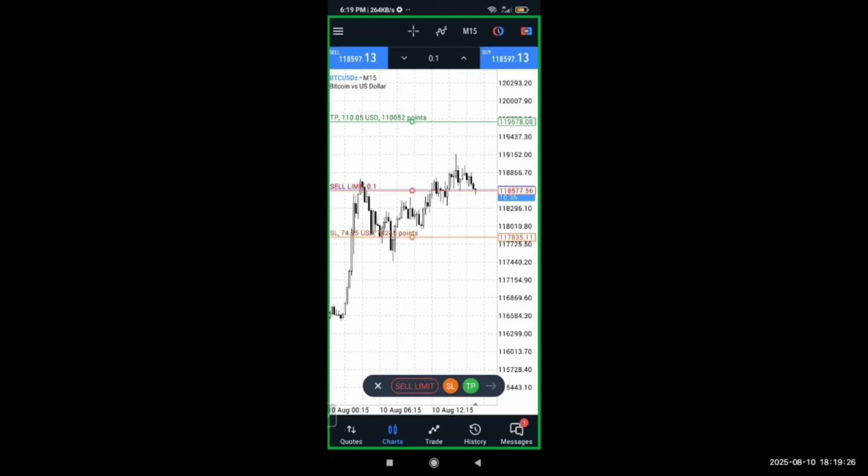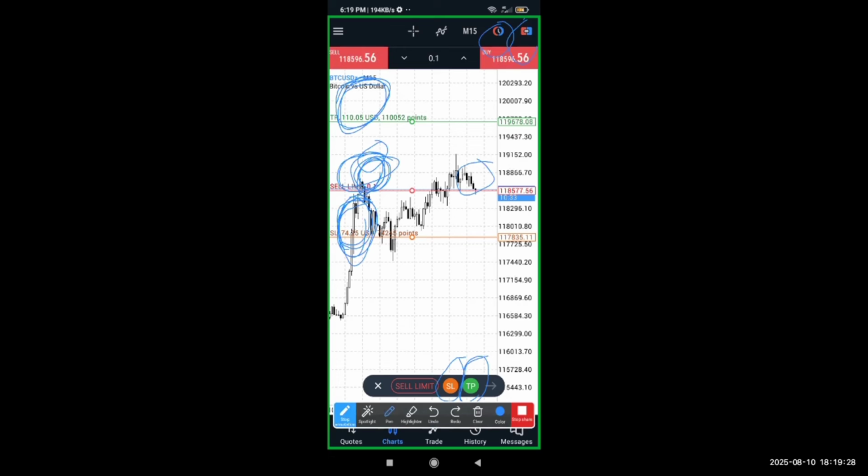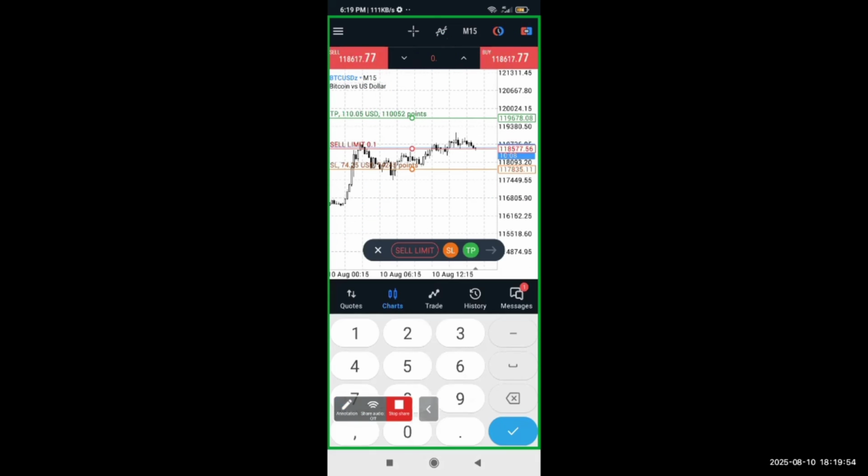I will be risking 74 in order for me to get 110 if I use a 0.1 lot. And if I edit this 0.1 lot to 0.01, you see that all these numbers will change as well. So let me edit it.